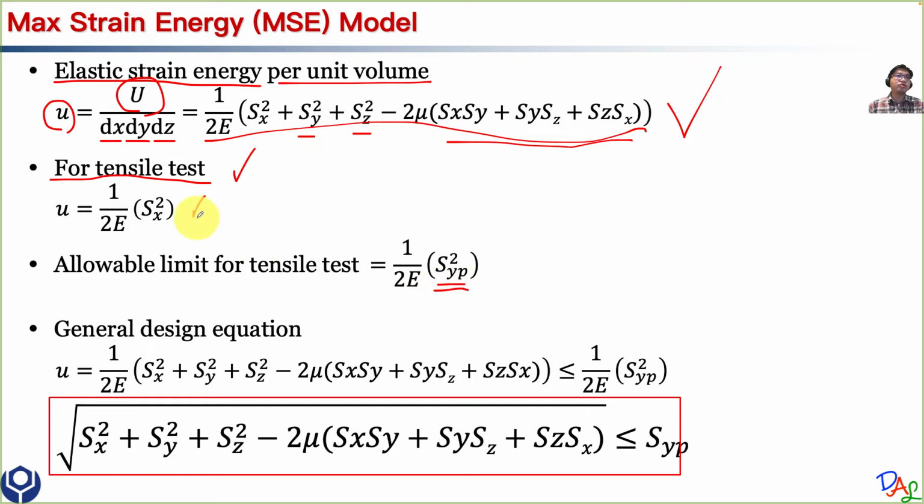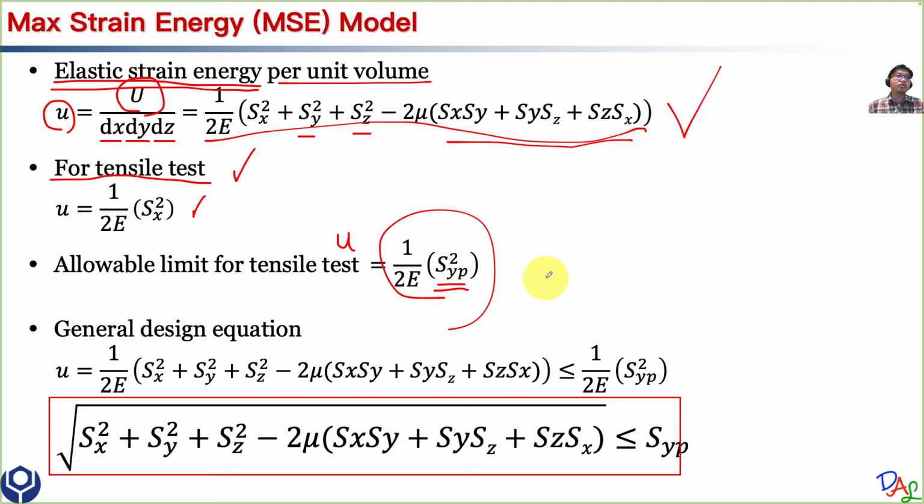You cannot pull anymore. So for that extreme situation, what would be the elastic strain energy? The elastic strain energy at that particular limit state equals this.